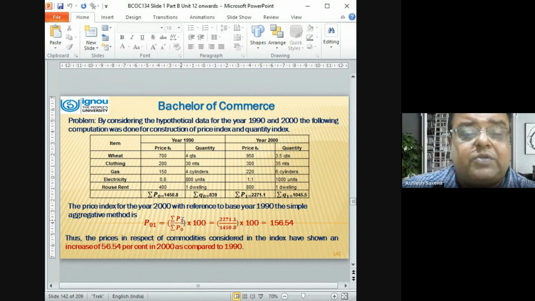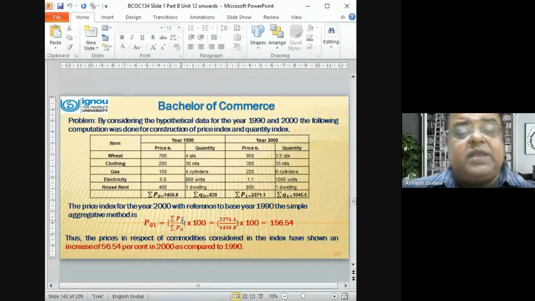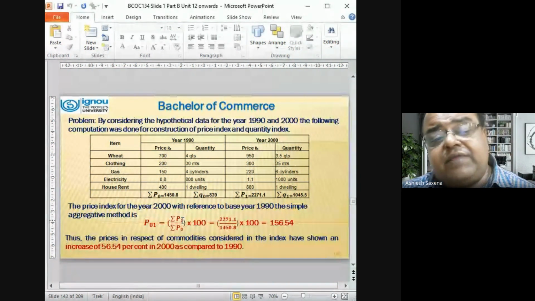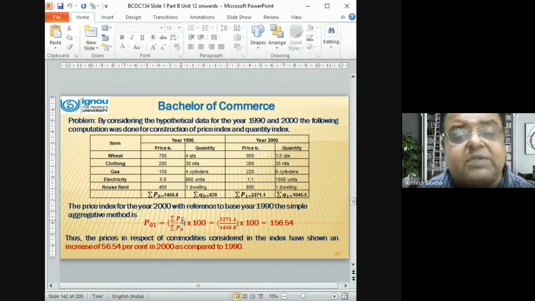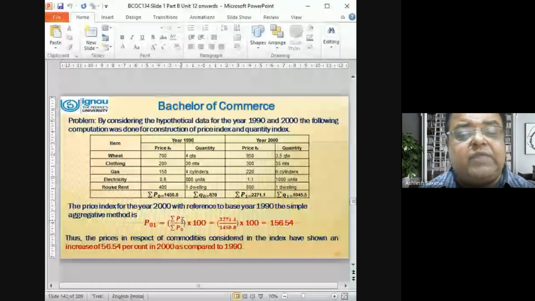Now, how to proceed? The price index for the year 2000 with reference to base year 1990. The simple aggregative method is P01 equal to summation P1 upon summation P naught into 100. We have summation P1 equal to 2271 and summation P naught as 1450.8.